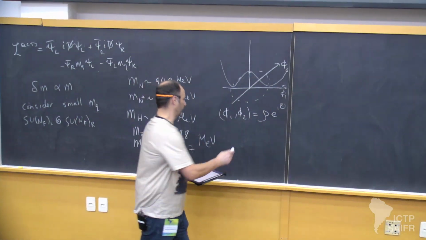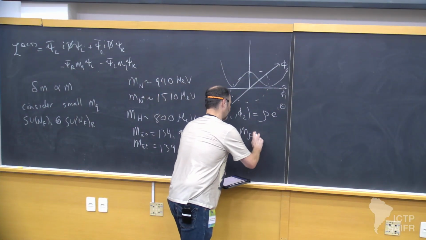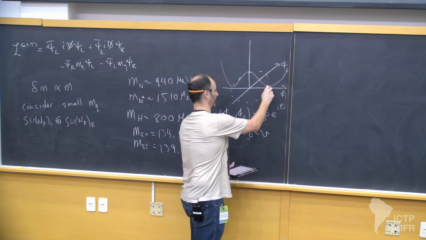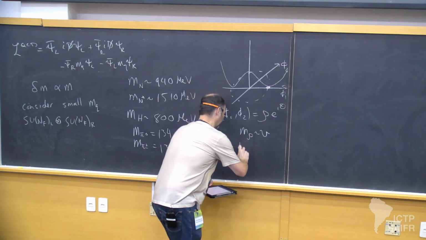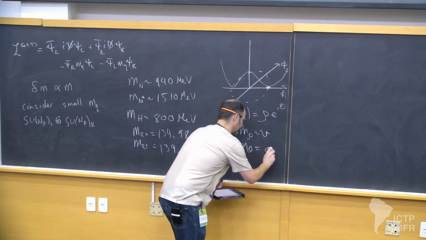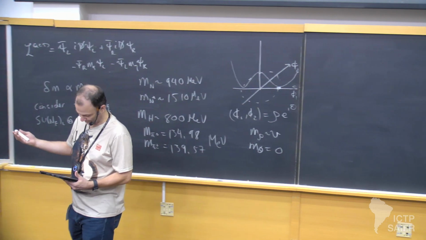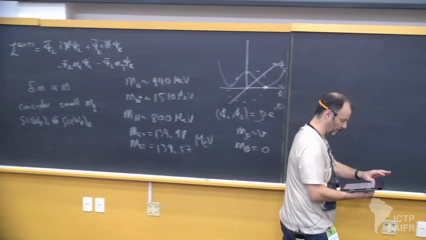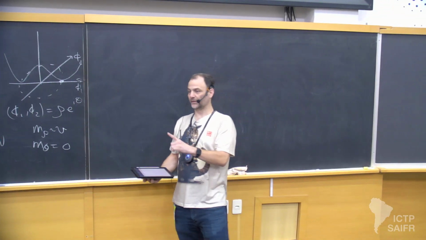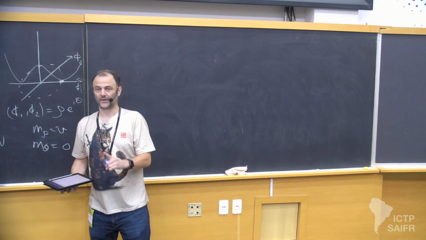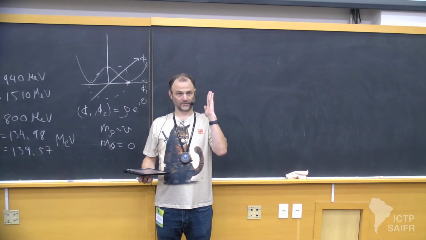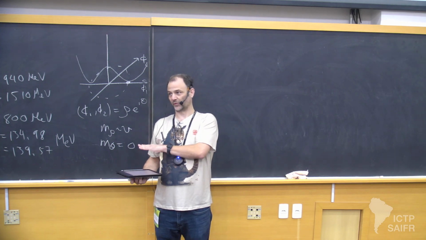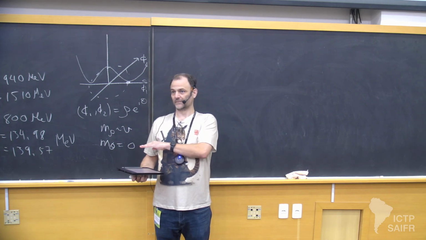And so then what you find is the mass of the rho is of order the vacuum expectation value, and the mass of theta is 0. And what else do you know? There's going to be one massless mode for every generator of a symmetry that's broken. And so what do we know?